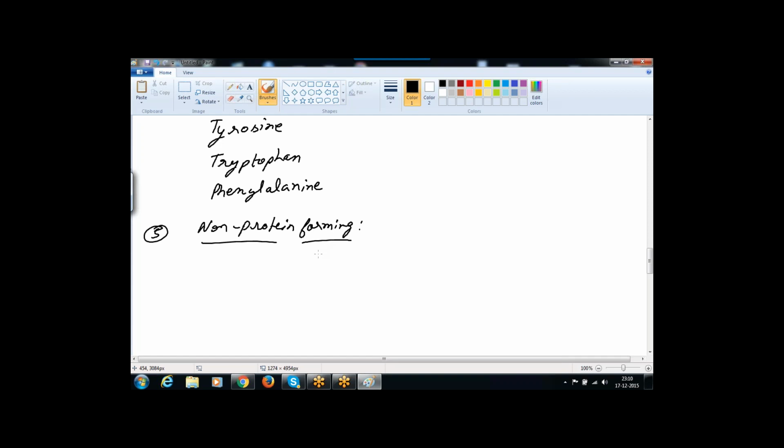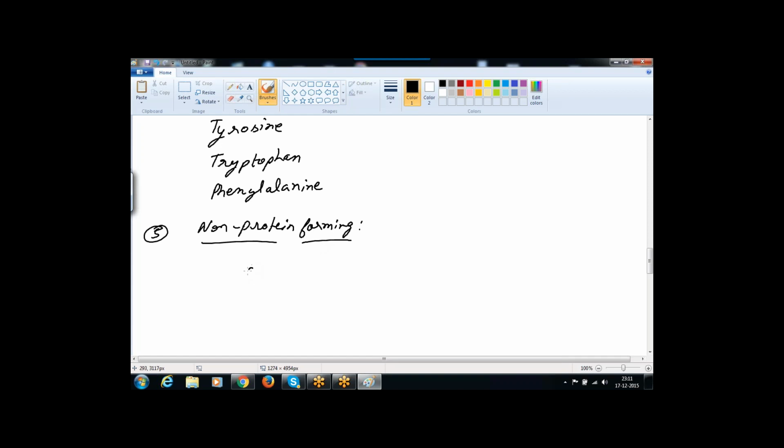Then why are they called amino acids? Because they have the same structure. They have the amino group, they have the acid group attached to the carbon, and hydrogen is there, and R group is there. So chemically their structure is the same as that of an amino acid, the amino group, acid group, but they never take part in protein formation.